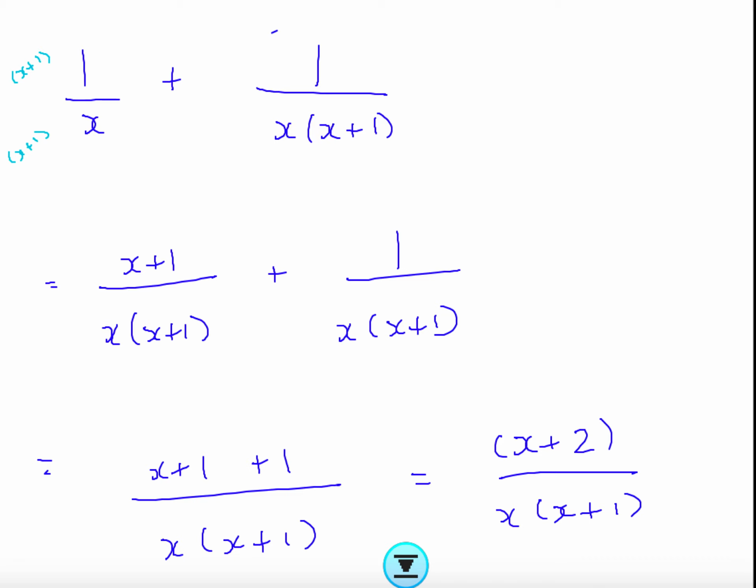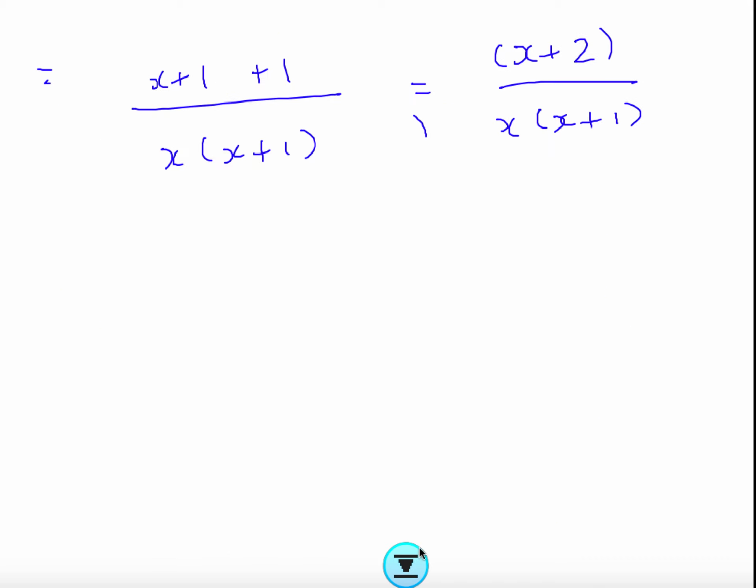I'm going to bring in just an example where I do want you to pause and try it out. It's going to be a bit longer to deal with.